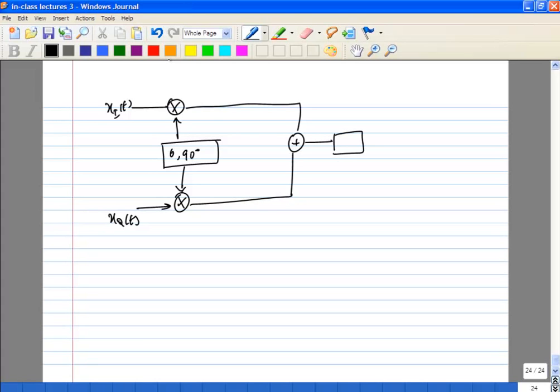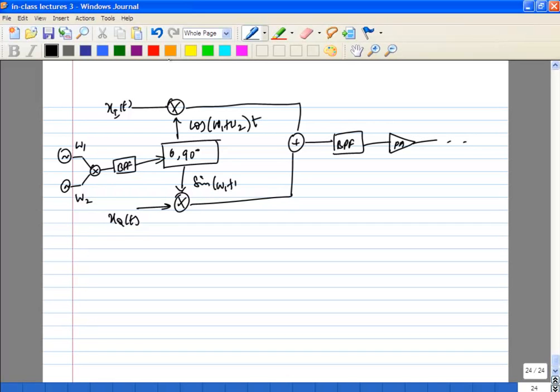Everything else stays the same. The only difference is you have one... So what this means is that is what you create.